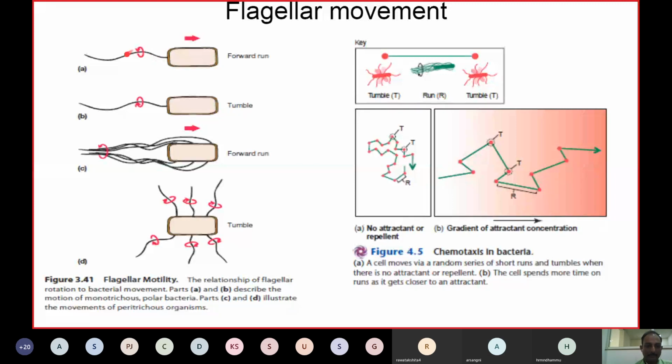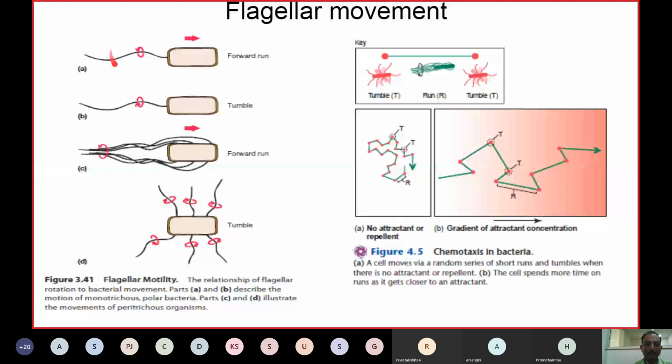When this flagellum moves anti-clockwise like this, the bacterium moves forward. What I am saying is, if the flagellum moves anti-clockwise, then the bacterium moves forward.